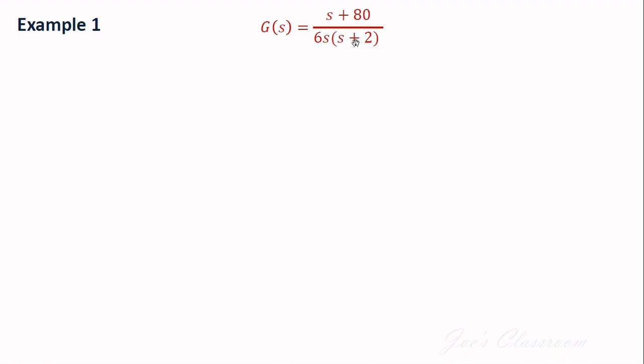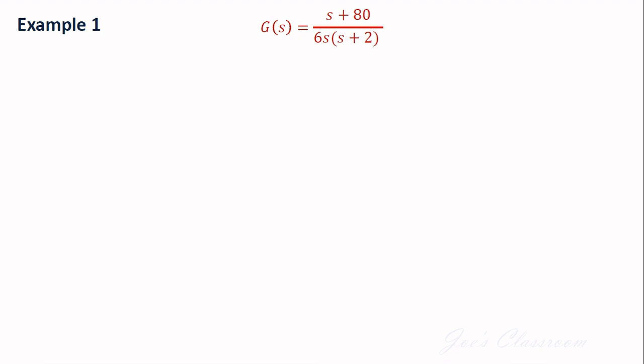From the previous lectures, you should know that the first thing we need to do in sketching the Bode plot is to convert the given transfer function into time constant form. Obviously, this is in pole zero form because the s term has a coefficient of 1.